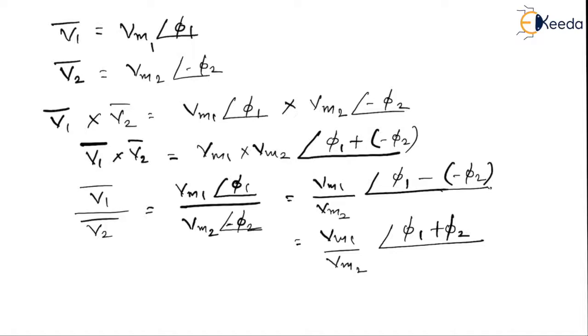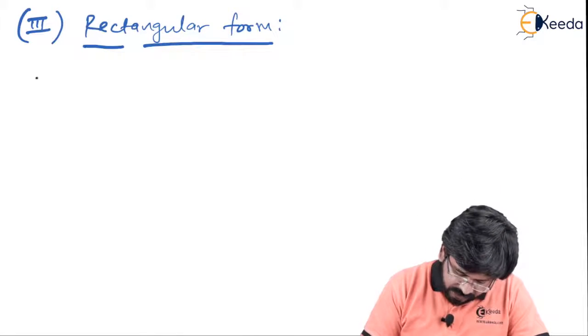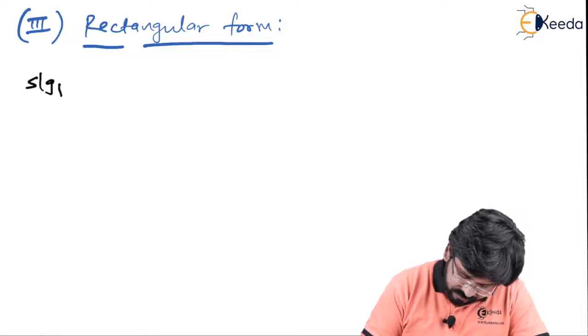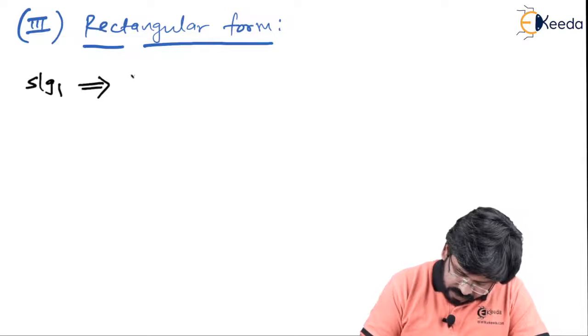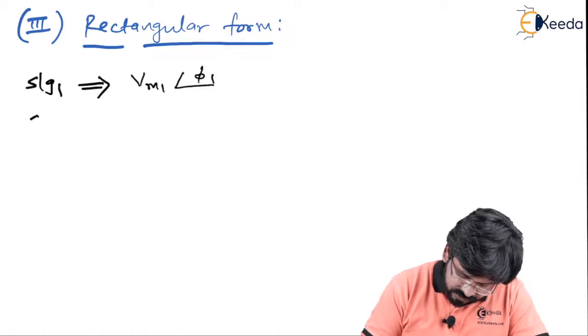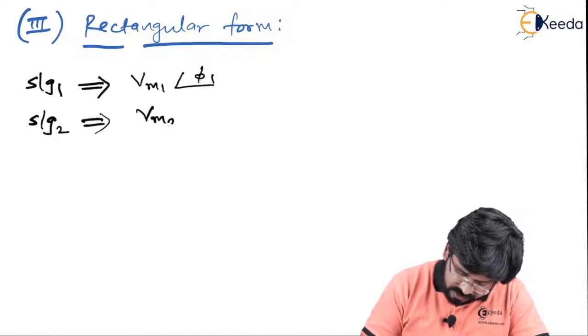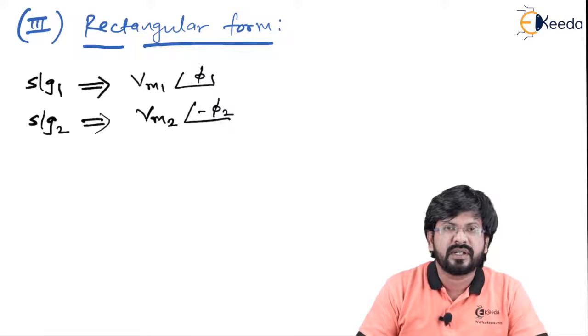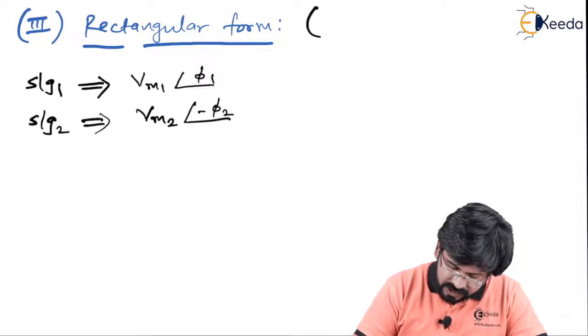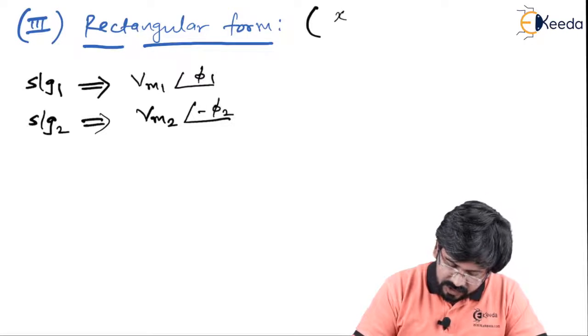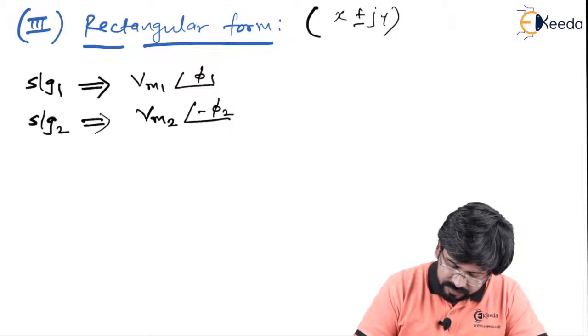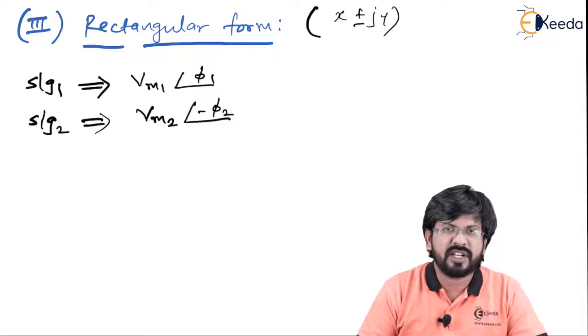Let's go for the next form. So let us begin with rectangular form now. If you remember, we had signal 1 as Vm1 phase phi1, as well as signal 2 like this, Vm2 having phase as minus phi2. Let me tell you, rectangular form is nothing but a complex form, which is x plus jy form, which will have a real part and an imaginary part.